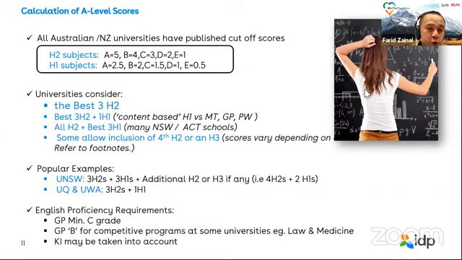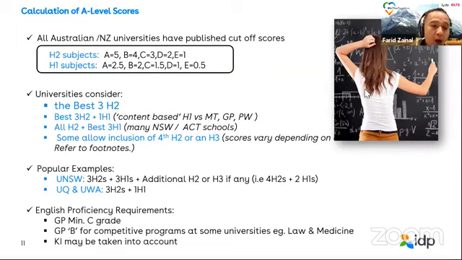How the different universities compute them varies. Some of them will take your best 3 H2s. Some will take your best 3 H2s and an H1, but it has to be a content-based H1 subject, which does not include your mother tongue, your GP, or your project work.